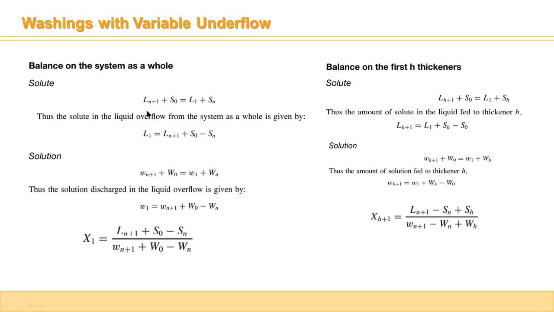Most of the time, this is 0 if your solvent is pure, because we're making an overall balance in terms of the solute. We equate that to the solute that leaves your nth thickener, specifically the underflow of your nth thickener, and the solute that is leaving your first thickener. Okay, the overflow this time, because L is for the overflow.